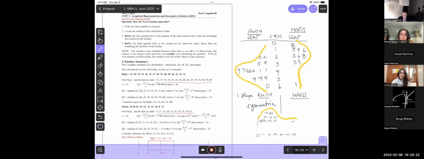Right skew. Yeah, so it's not symmetric. The word for non-symmetric we're using is called skew. And there's a small observation in the high numbers, 61. One observation in the high numbers. The number line is like this. So if the tail of the distribution is on the right, we call that right skew.